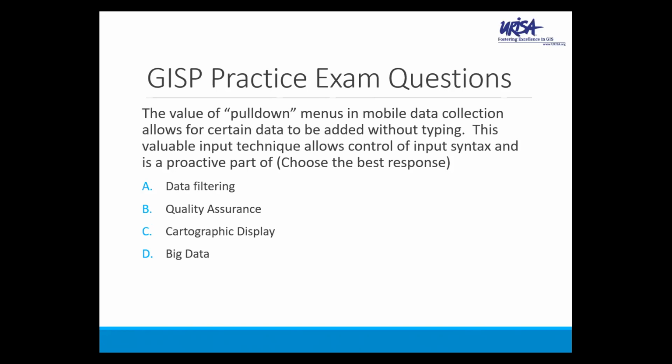This valuable input technique allows control of input syntax and is a proactive part of, in this case, the best choice there is quality assurance, because this is a process. This ensures that we don't have spelling issues and typos and mispunctuation and capital letters and lowercase letters mixed up in our fields in a geospatial database. So this is something that's done during the data collection process, so it's a portion of the quality assurance.